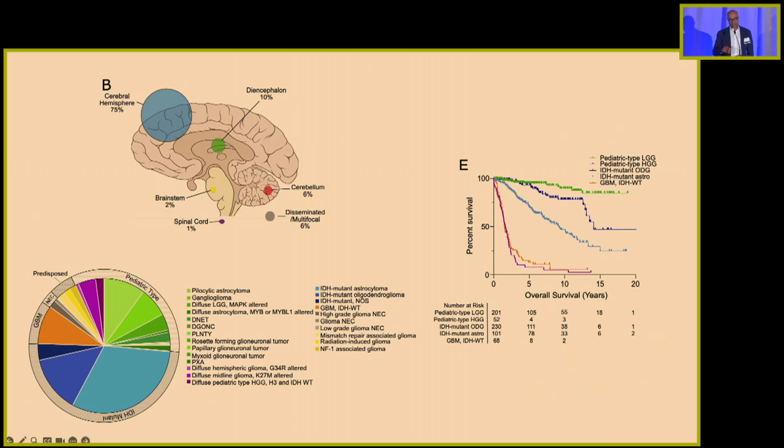You can see the makeup of the patient cohort that we had. This was just shy of 500 patients from the Toronto system. You can see the range in survival there, from patients who had pediatric type low-grade glioma, who have very favorable outcomes, to the patients who actually did worse, the ones with pediatric high-grade glioma and our adult patients with high-grade gliomas.